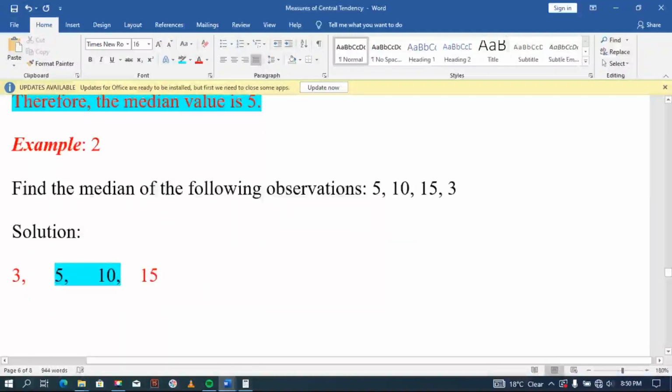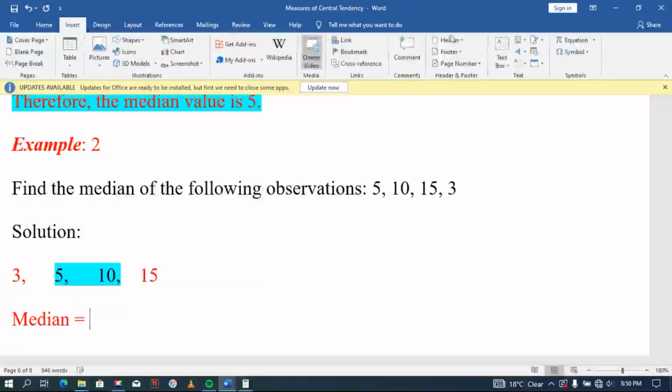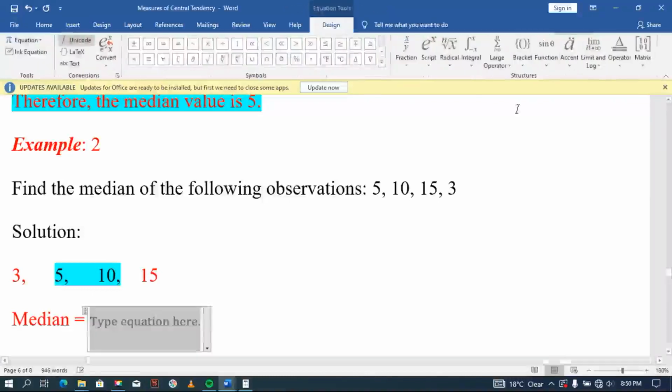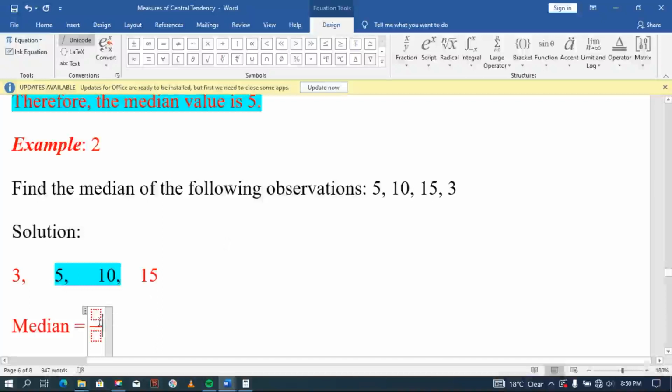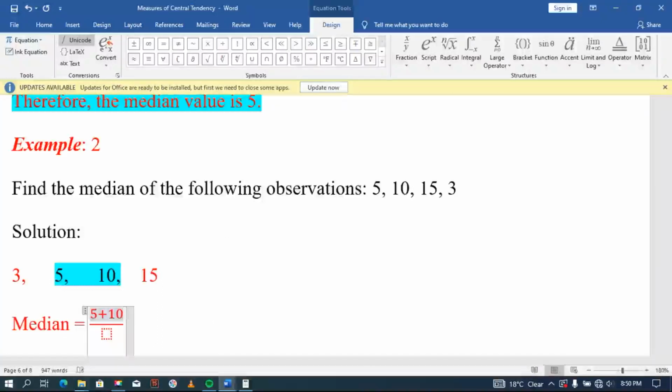So in this case, the median is going to be an average of those 2 values, 5 and 10. So median will be equal to 5 plus 10 divided by 2, because there are 2 observations, 5 and 10.